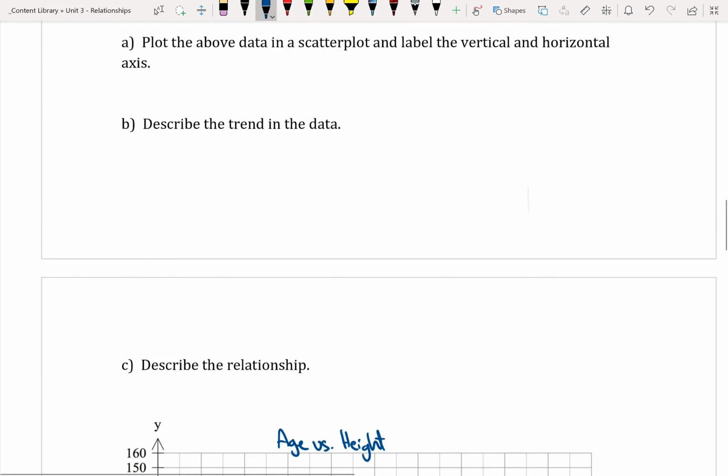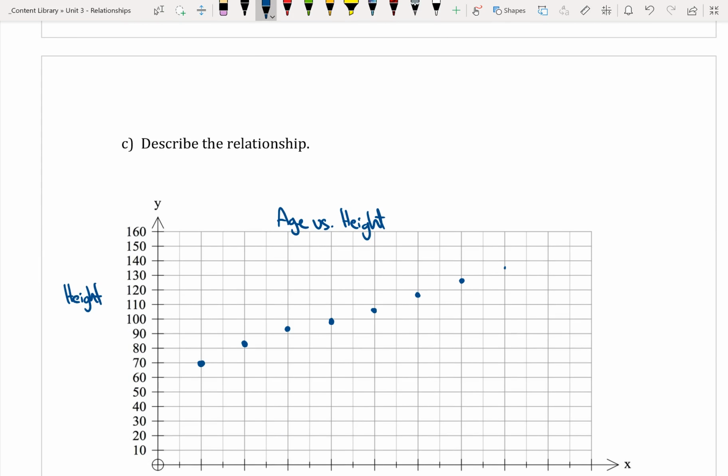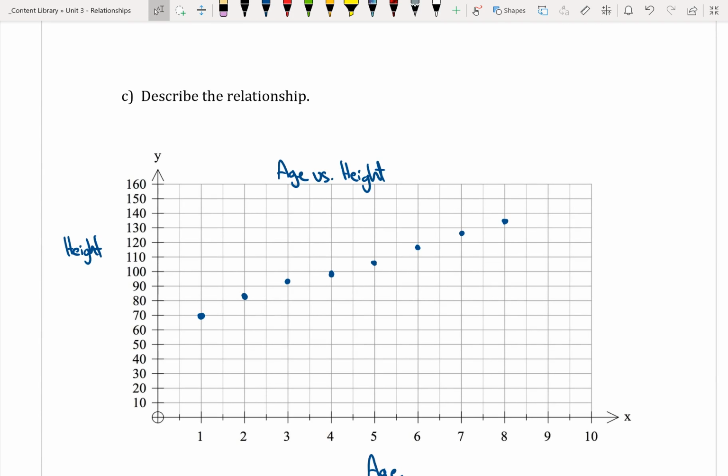And finally 8 and 135. So there's my points for my scatter plot.